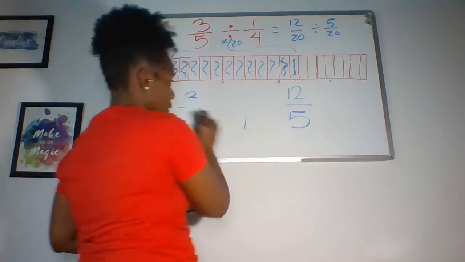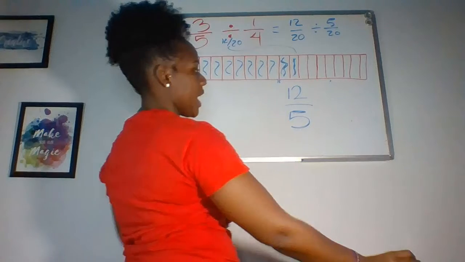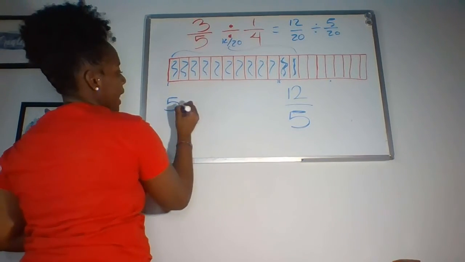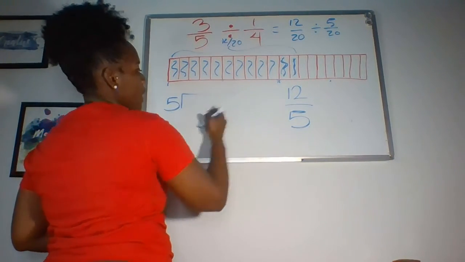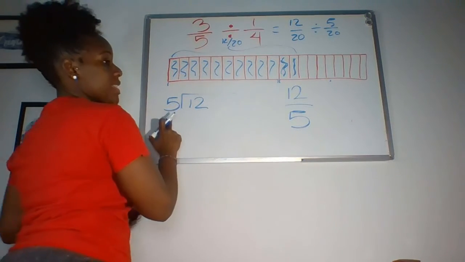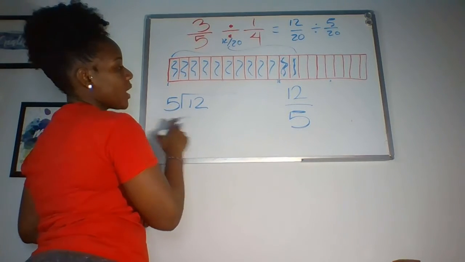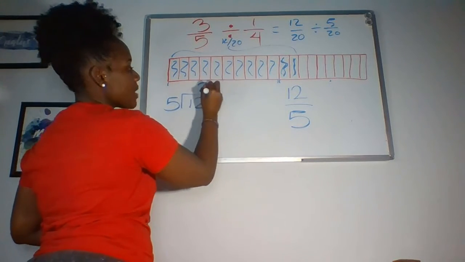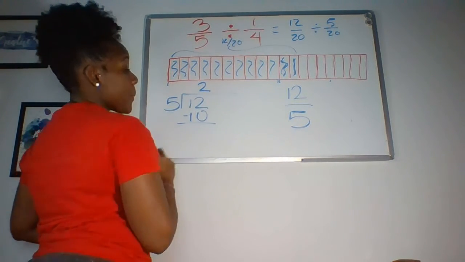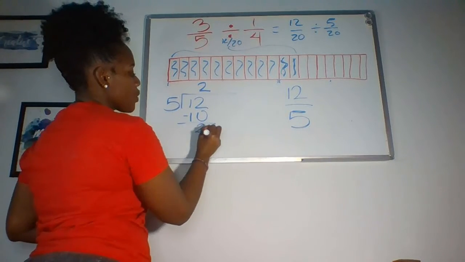To convert an improper fraction, we take the denominator and put it on the outside, that is your divisor. You take your numerator and put it on the inside. How many times will 5 go into 12 without going over? 2 times. 5 times 2 is 10. 12 minus 10 is 2.